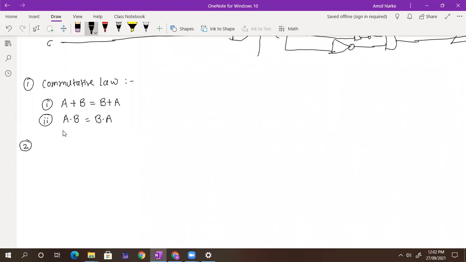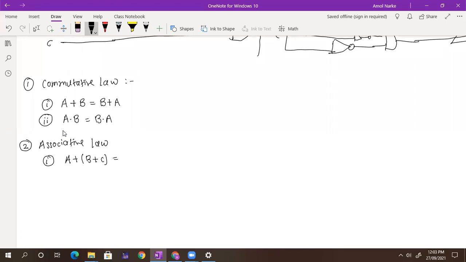Then the associative law. These are the basic ones, so I'm not going to waste too much time on that. Associative law. Tell me, what is the associative law with respect to OR? A plus B plus C. What is A plus B plus C?